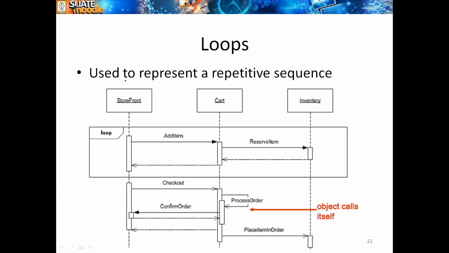After that, a loop is used to represent a repetitive sequence, an iteration. Loop does not mean many things working at the same time; it is one time after another. In the loop, add item to the cart, receive the reserved item from the inventory, and after that is finished, return the message to add item. Then it happens again, like this.